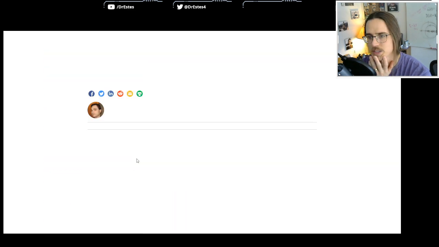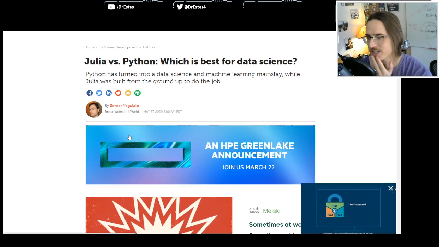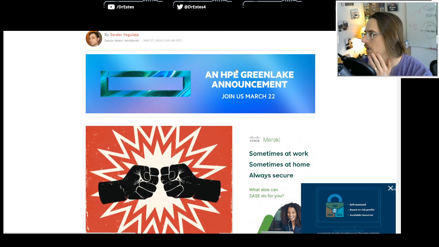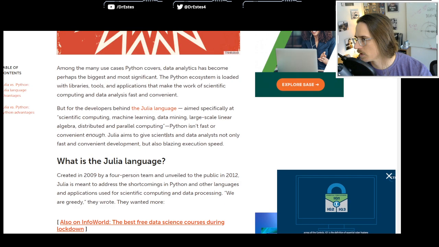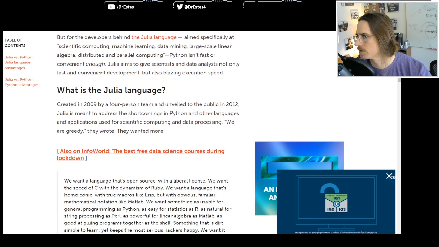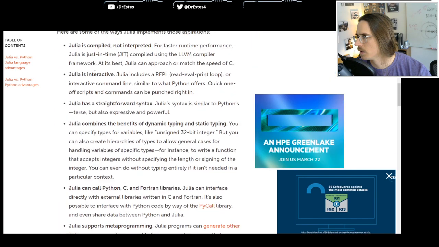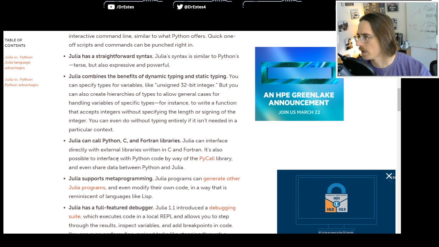Which is best for data science? Everyone who doesn't like a language writes their own. Created in 2009 by a 4-person team. Dynamic typing, static typing. It can call all the libraries.